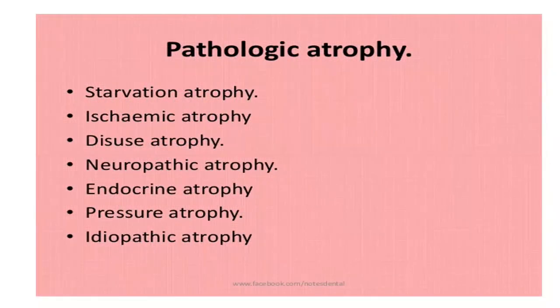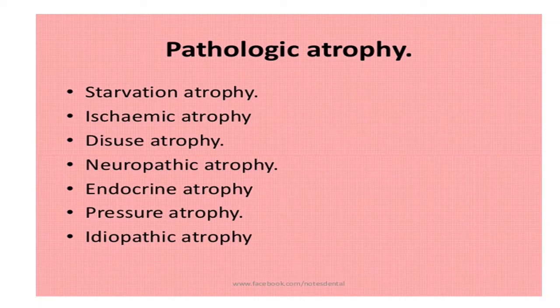Pathological atrophy: starvation atrophy. When you starve some of the organs or cells, they shrink. Ischemic atrophy, when some of them lose blood supply, they shrink. Disuse atrophy, if a cell or tissue is not used, it doesn't involve in a specific activity, it atrophies.